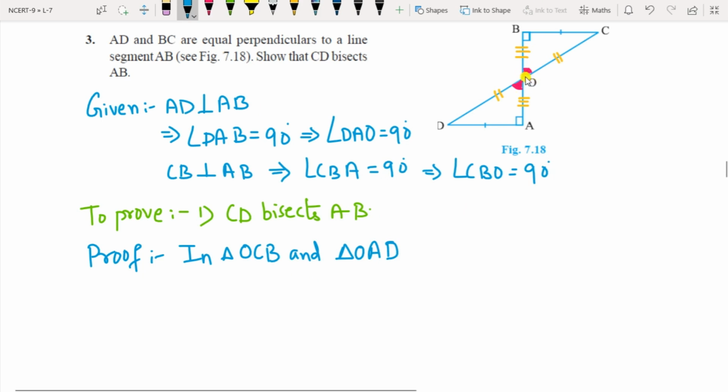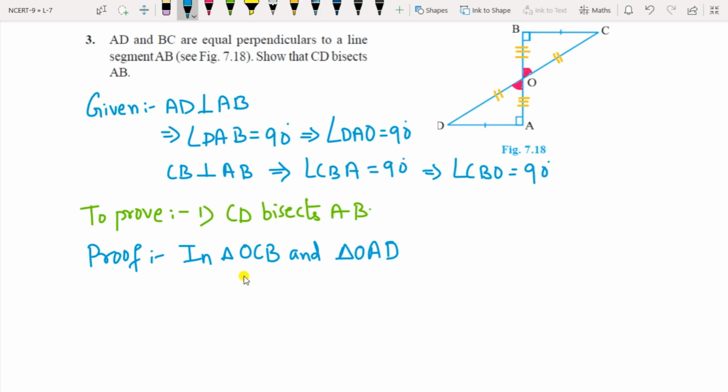Now see what are the things they are equal here. First one is the 90 degree that we can see in both the triangles. This side is equal to this side, and this pink color that I have shown, that is vertically opposite angles. So the third thing that may not be given in the sum, but you have to see the figure properly. So we can get the third thing, third pair to be equal.